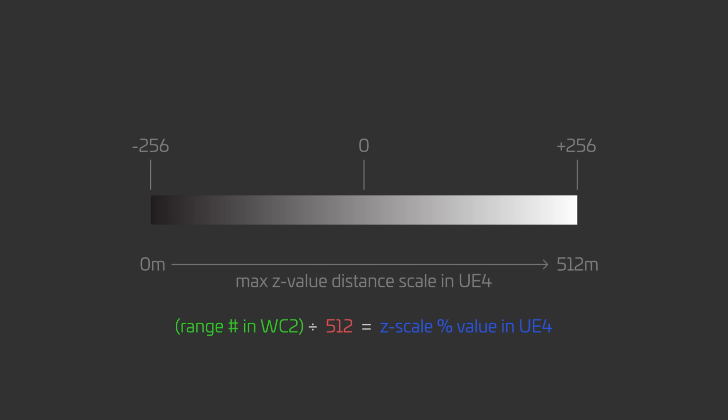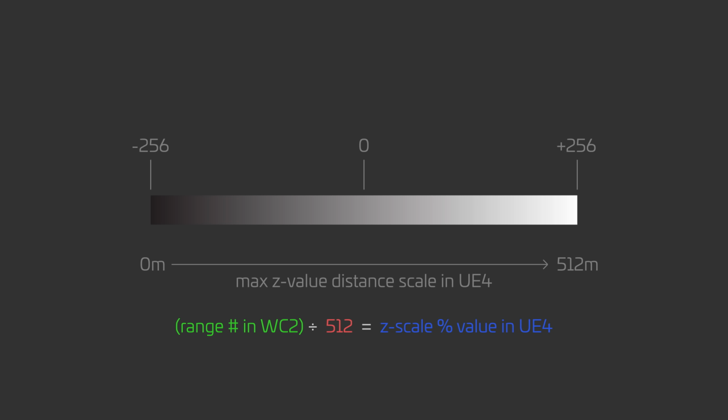So for a 16-bit depth file, that's pretty much saying that between the blackest black and the whitest white on that image, there are 512 different levels of gray in between those 2 points. So that means it's 512 meters. That's all that you have to work with in Unreal, 512 meters total for a 16-bit.